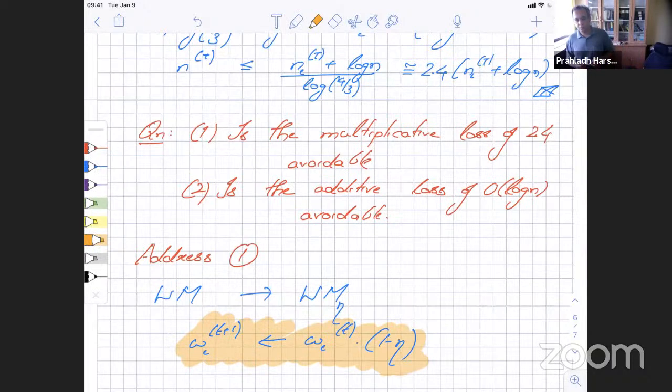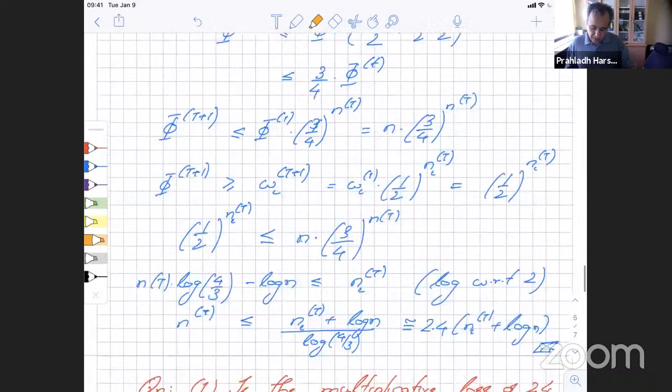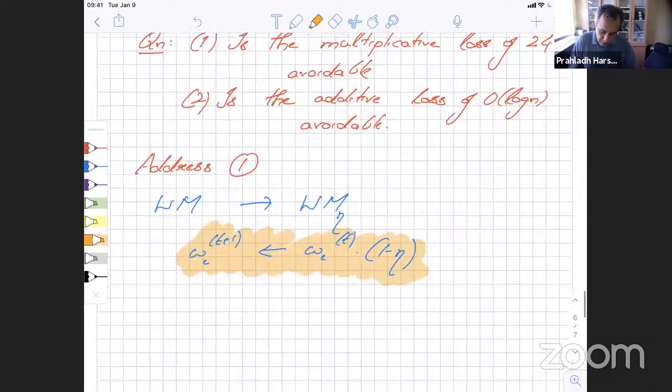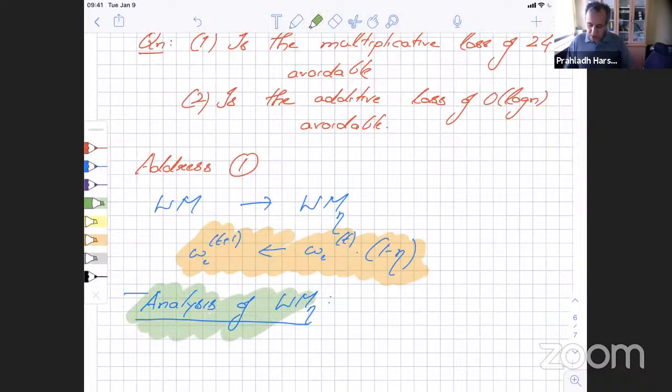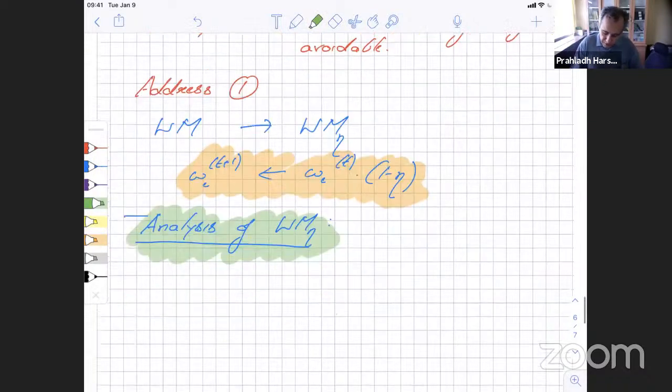Okay. And let's just go and stare back into the proof. So let's look at the modified proof. So analysis of Wm eta. Let's just repeat the same thing again. Phi t at any point is going to be defined to be the summation of wit over i in n.